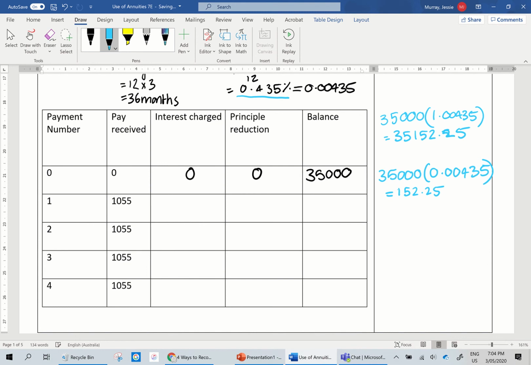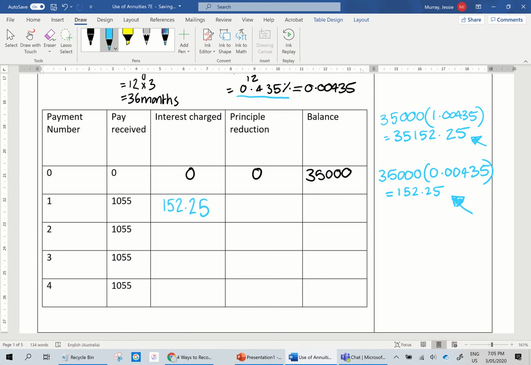Okay, so hopefully that makes it clear what 1 point the decimal does versus what 0 point does. So sometimes you might need to find what's owing in total after the first month without that payment received, and that would be this. But other times it might just say, what's the interest that you're going to pay in the first month, and it would be this. Okay, so that's just something I want to clear up. So if I just want to find the interest charge, I know now that that's 152.25.